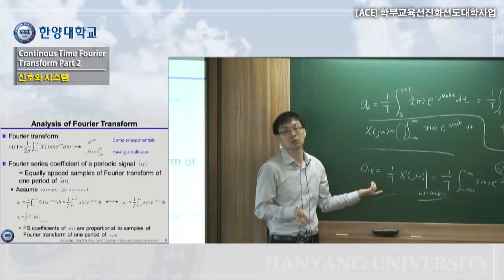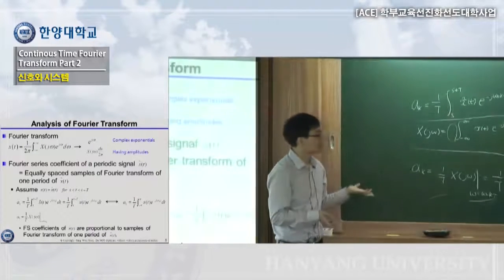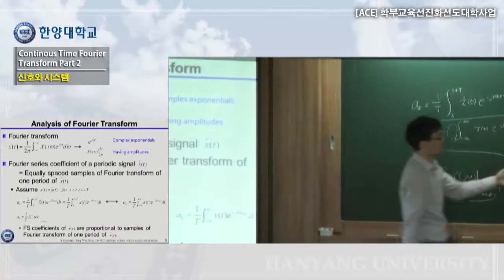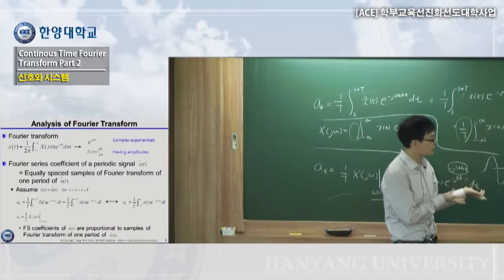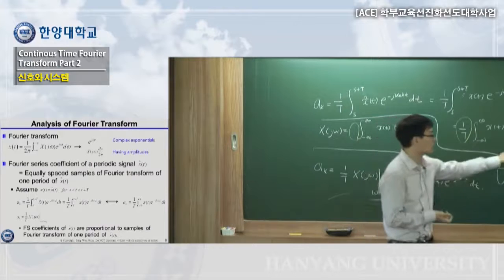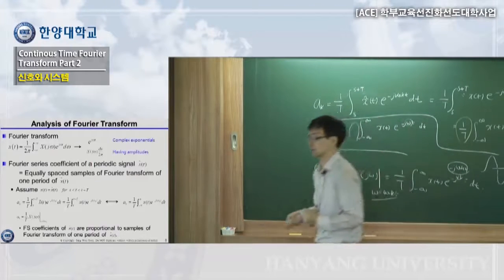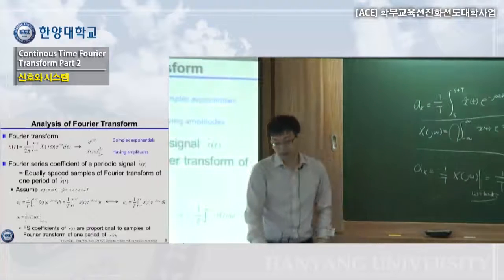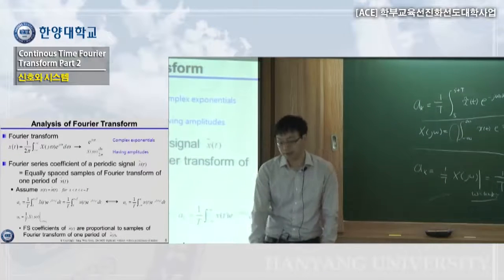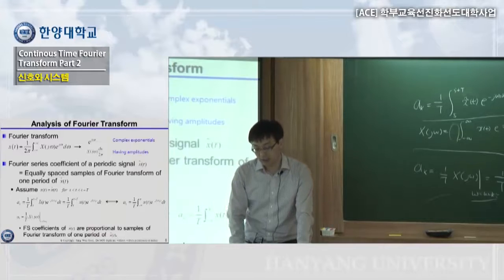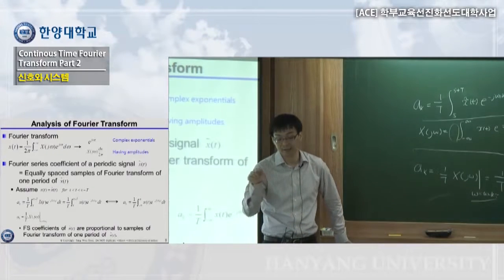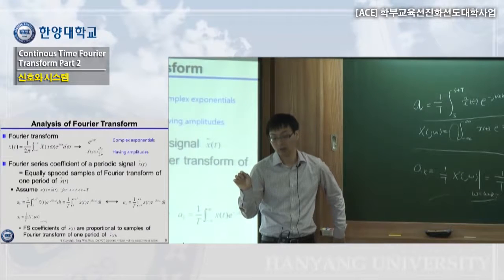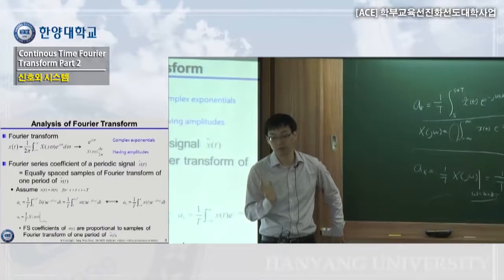If this is easier, use this equation. Frequency-wise, this is the continuous-case Fourier transform, and the Fourier series coefficients are samples at each point. So the Fourier series coefficients of x tilde are proportional to samples of the Fourier transform of one period of x tilde. Because one period of x tilde equals x, which is an aperiodic signal, we can calculate the Fourier series coefficient from it.